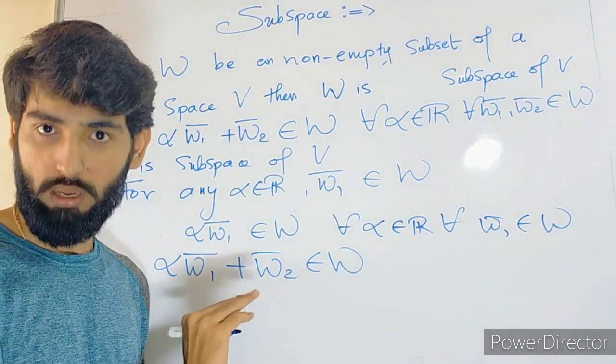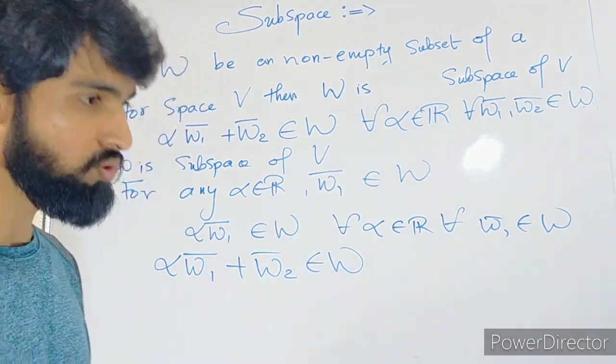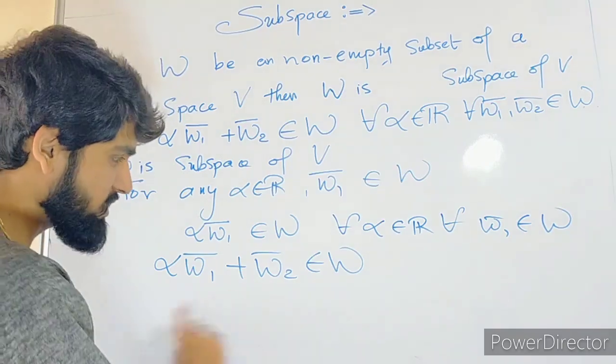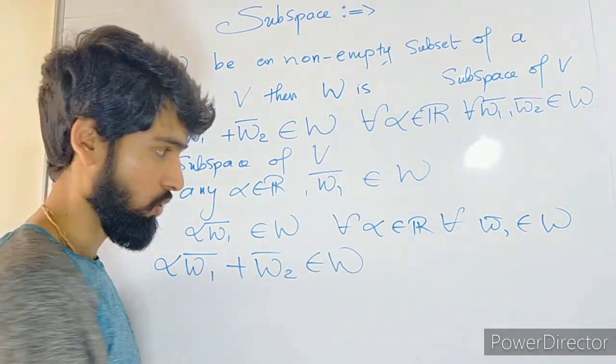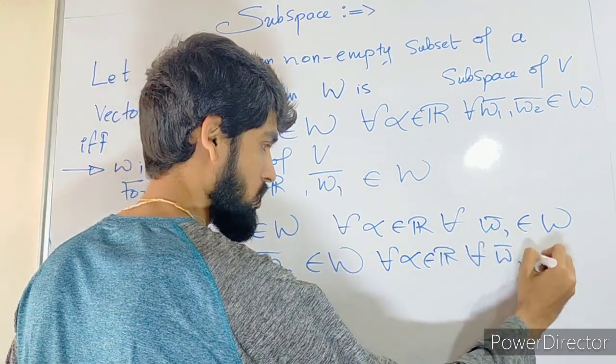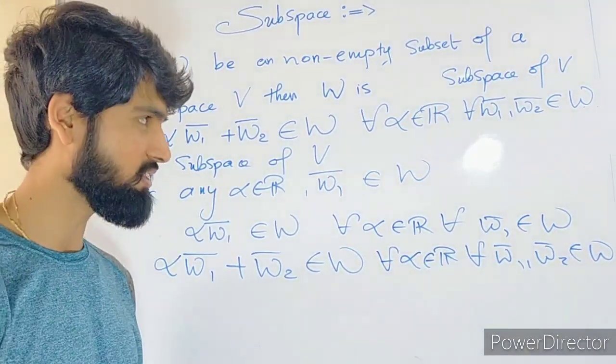By A1. By the A1 condition we know that the addition we define is closed. Hence if I add this, I am still inside W, and this is true for all alpha inside R and for all W1 bar, W2 bar inside W. So one way is clear, and actually it is trivial.